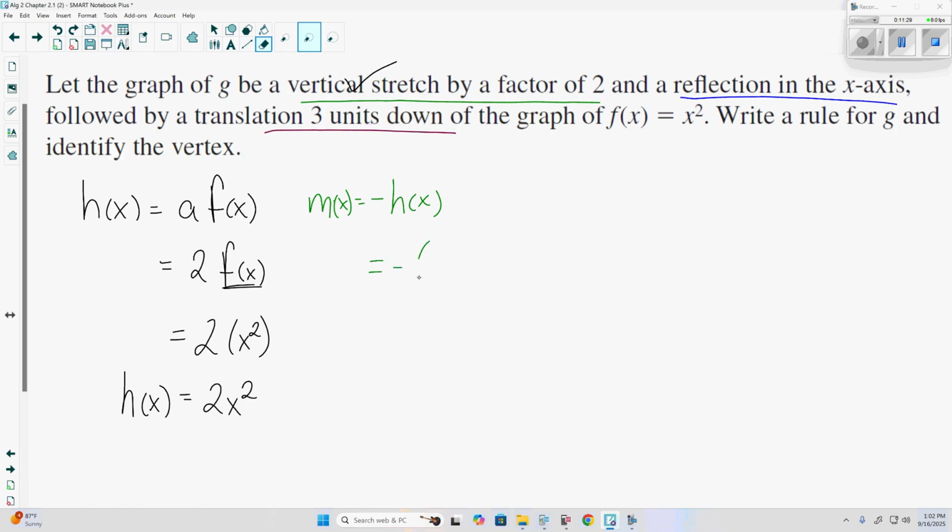Well, that would just be negative times our h of x, so negative times our 2x squared, which is negative 2x squared. Now, the nice thing with this is that, for the most part, the reflection across the x-axis and the vertical stretch of 2 are both being applied in the same way, and there's not a whole lot of interaction. So in this case we could have just multiplied from the start by negative 2 and gotten here.